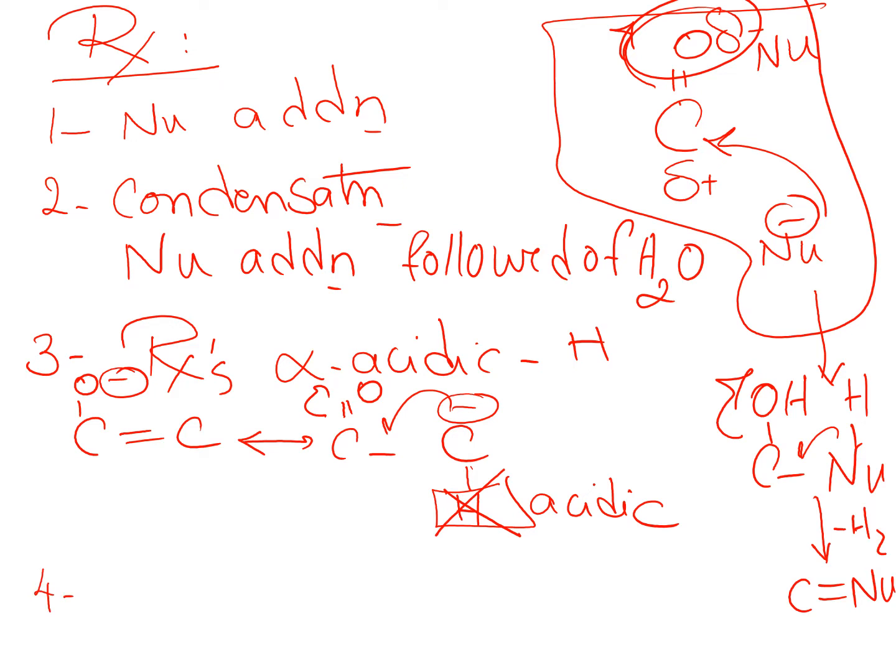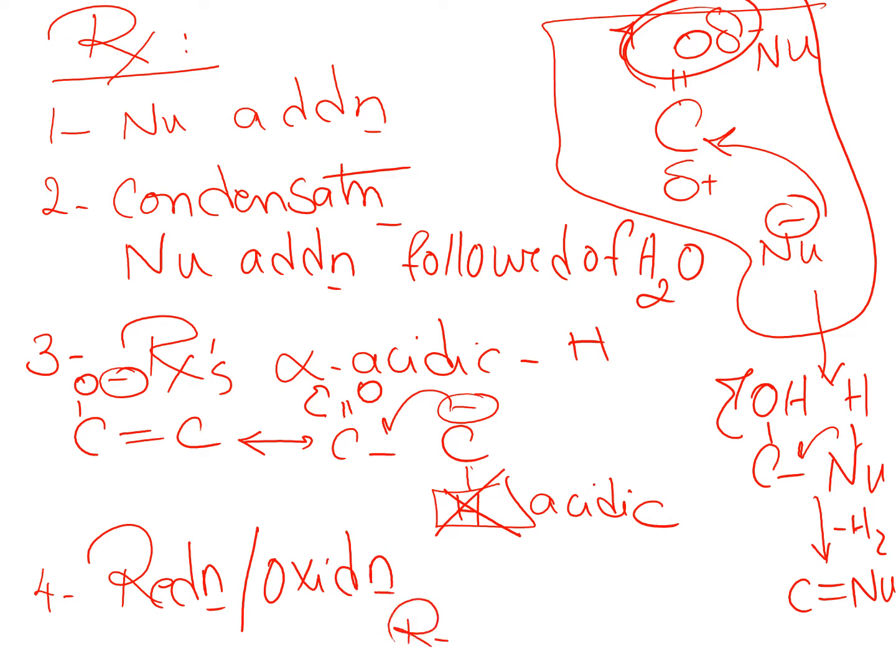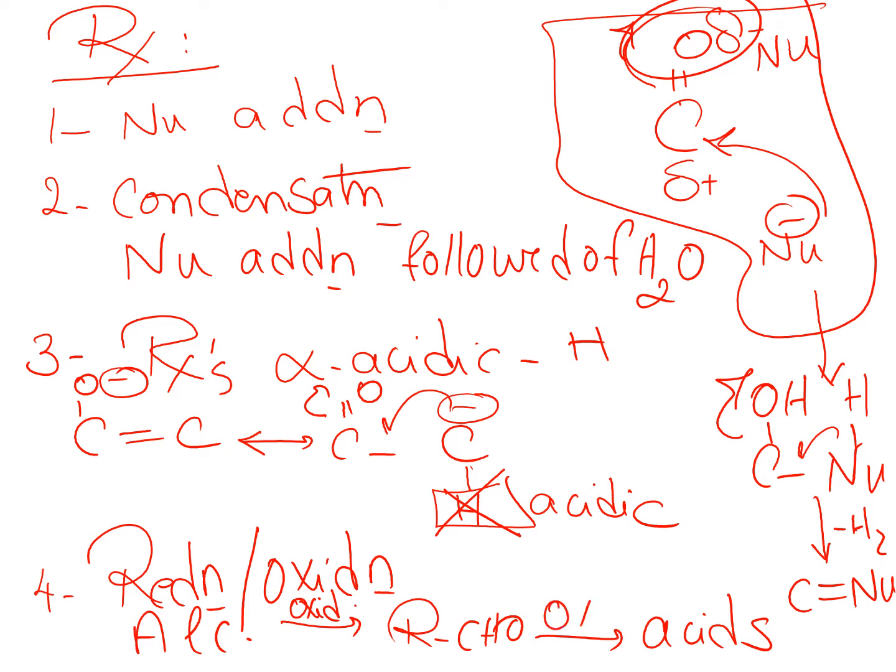The fourth type of reaction is the oxidation reduction reactions. As we have mentioned before, aldehydes are a step between alcohols and acids. If you oxidize alcohols, you reach aldehydes, and if you further oxidize, you will reach acids.